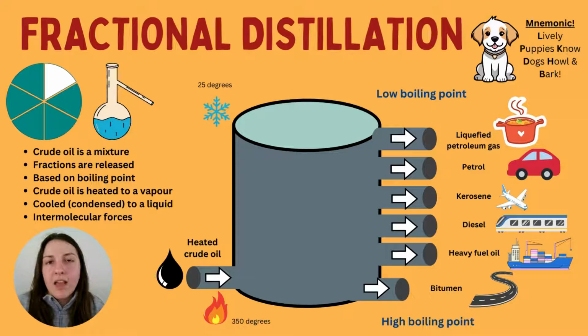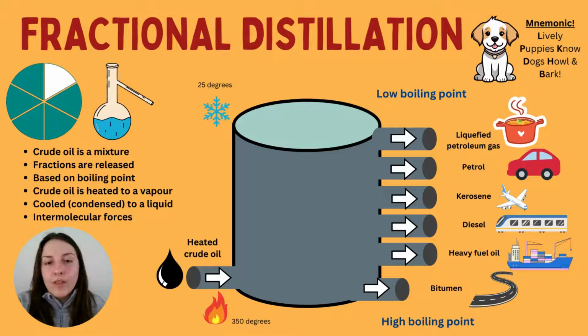This is a misconception. It's actually the intermolecular forces between the molecules. Remember, crude oil is a mixture, so it has all those chains that are together. Between those chains, what's holding them together is something called an intermolecular force. And as those break, they can be separated. So that's what's occurring here. It's not the covalent bond.